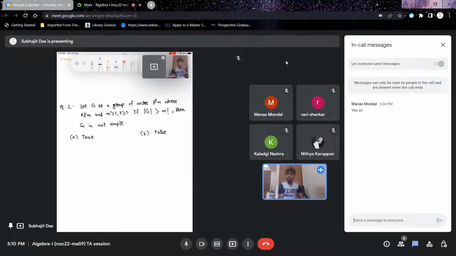So first of all, let me ask you, what do you know what a simple group is? Maybe anyone can write down in the chat, or just unmute yourselves and let me know. Do you know what a simple group is? I think it was covered in the tutorial yesterday by Harish, right? You are solving problems on simple groups.